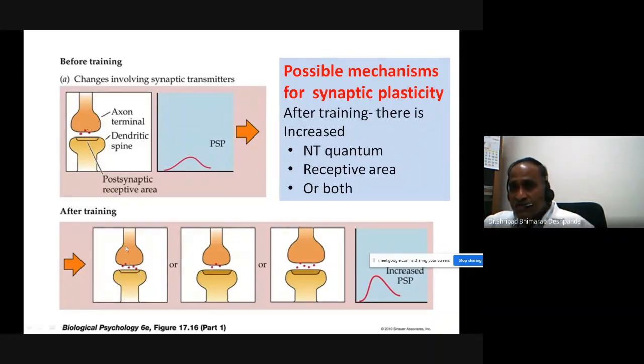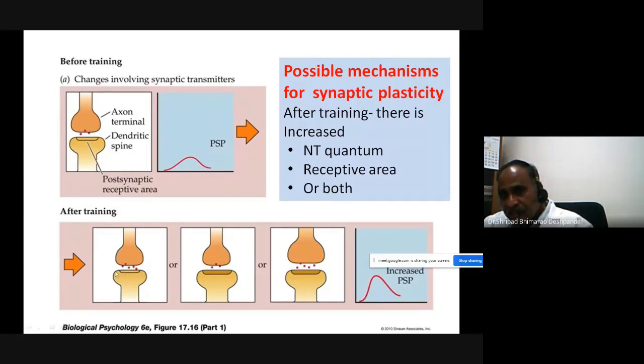This is 3 moles here. The number of neurotransmitter molecules is increased. That is one mechanism, what I mentioned here: neurotransmitter quantum is increased. Now what happens? Even if it is only 3 moles, look at this postsynaptic site.